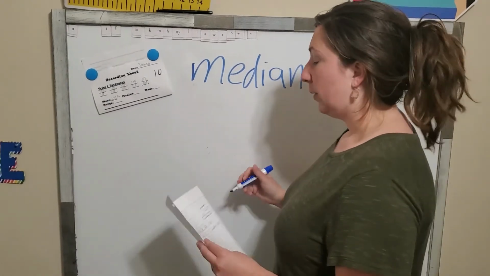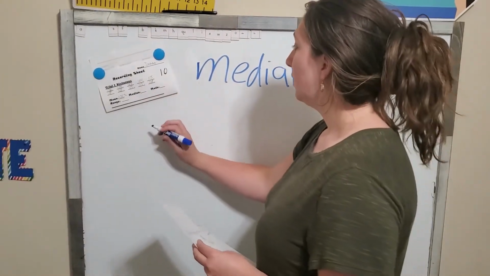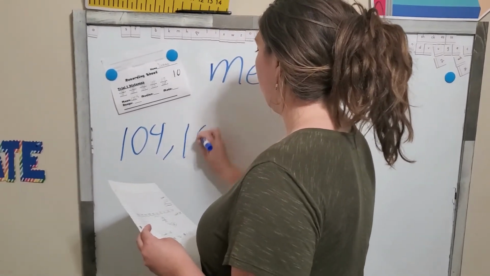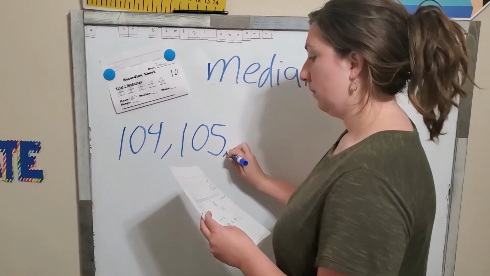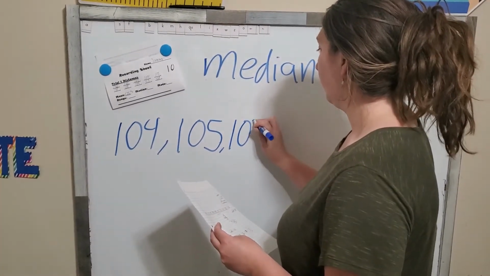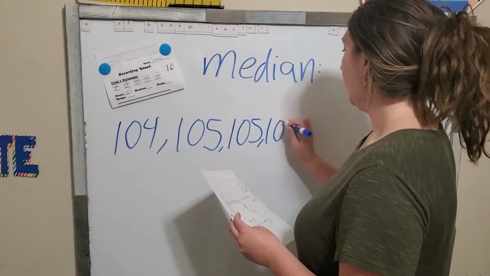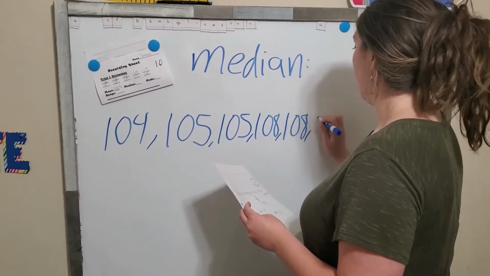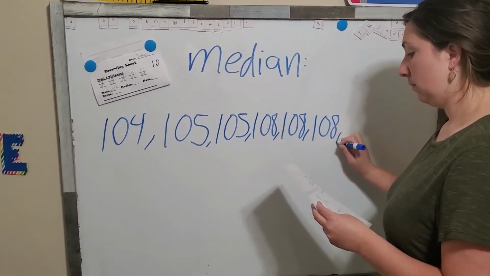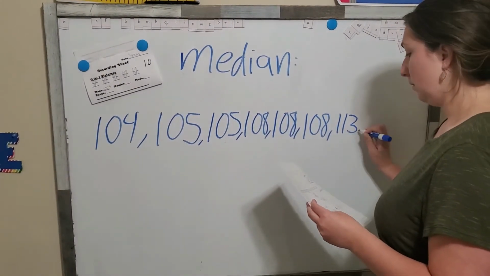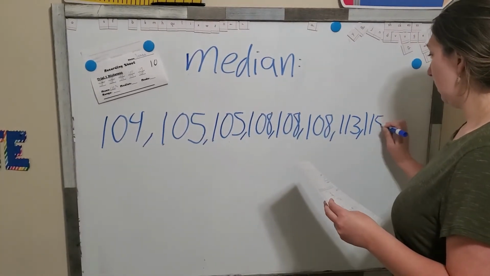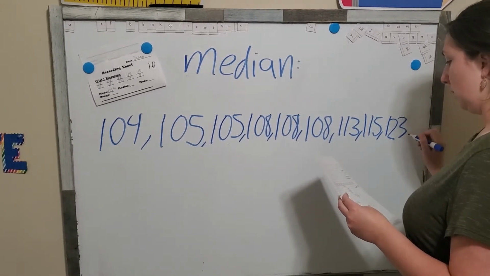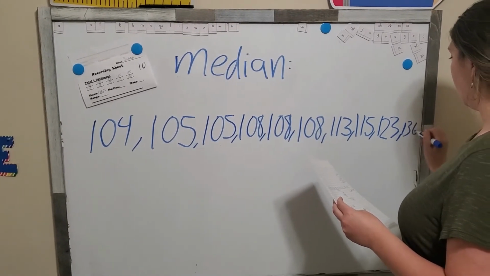Okay, so if we put all these numbers in our data set in order, we'll have 104, 105, 105, 108, 108, 108, 113, 115, and 123, and then 136.